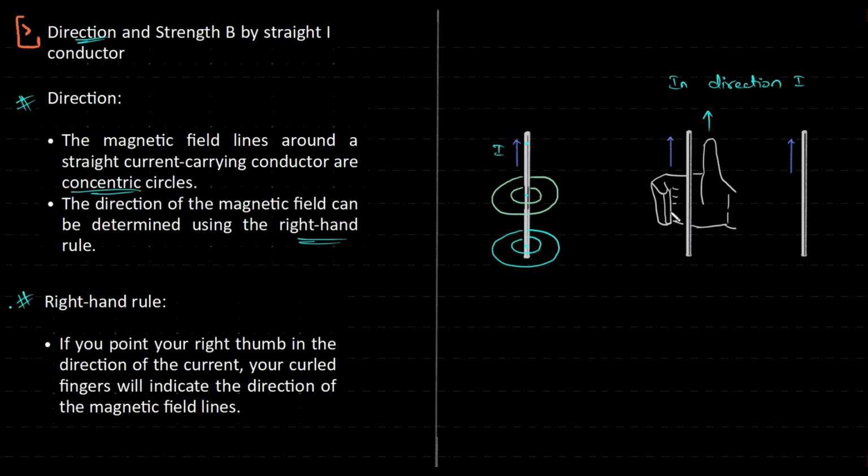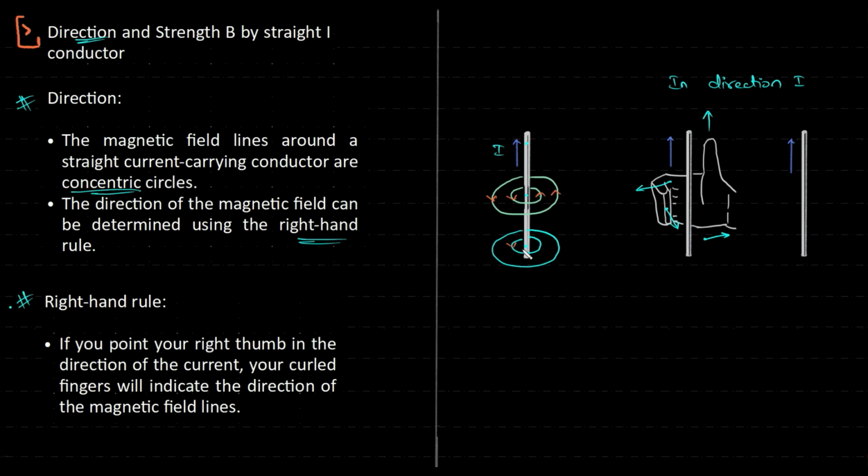For example, over here the magnetic field will be pointing in this way. At the other end of the wire it is pointing that way, and in front it will be pointing this way. Basically it is circular. In this case it is anti-clockwise when you look at it from the top.